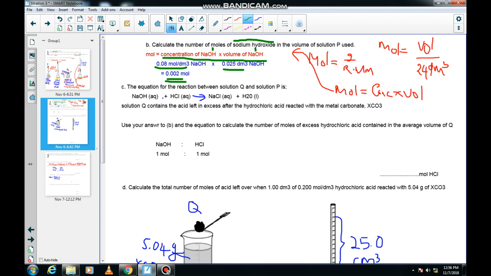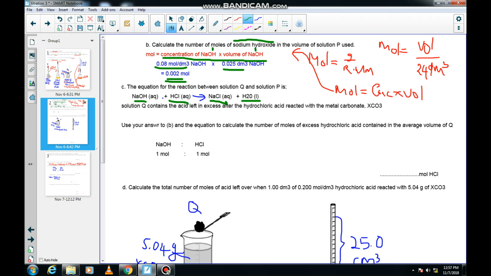The next question says, the equation for the reaction between solution Q and solution P is given as sodium hydroxide in aqueous state reacts with hydrochloric acid in aqueous state to give sodium chloride in aqueous state and water in liquid form.